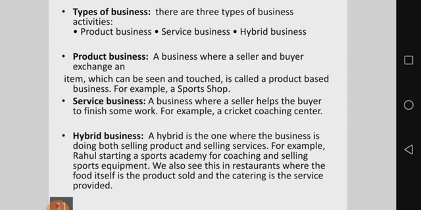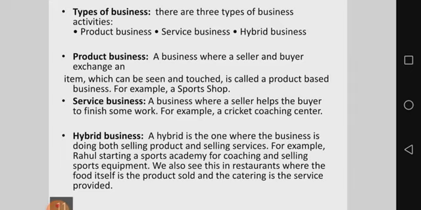Hybrid business. A hybrid is one where the business is doing both, selling products and selling services. For example, Rahul starting a sports academy for coaching and selling sports equipment. So Rahul is an entrepreneur selling sports equipment and also coaching for sports.